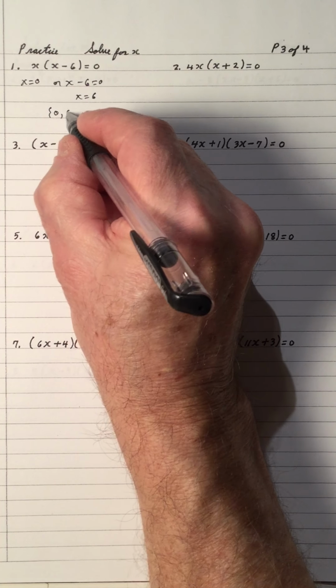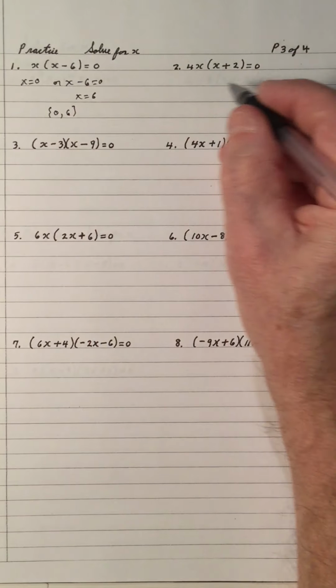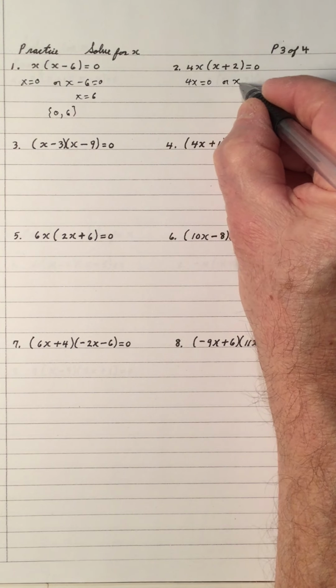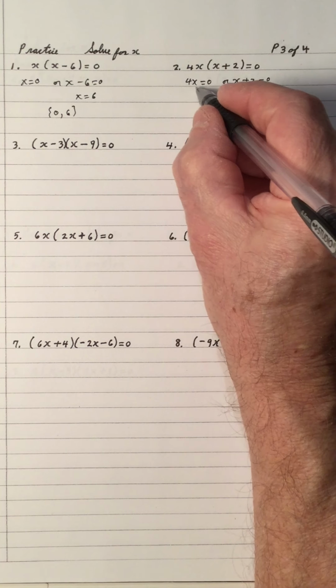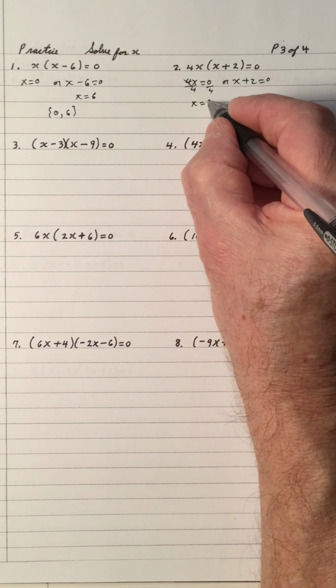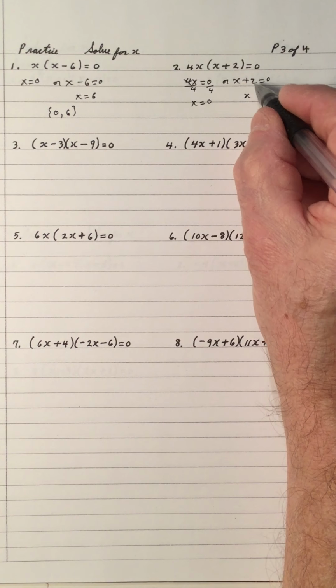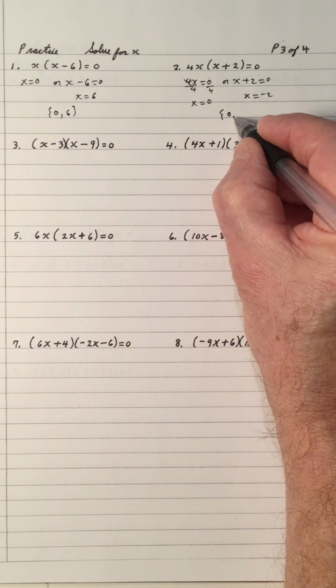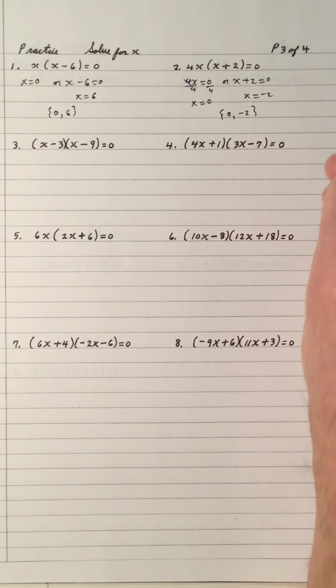The solutions are 0 and 6. And 4x times x plus 2 equals 0. Divide by 4. They cancel. X equals 0. And here the plus 2 becomes a minus 2, moving it to the right. And there's 2 solutions, 0 and negative 2.